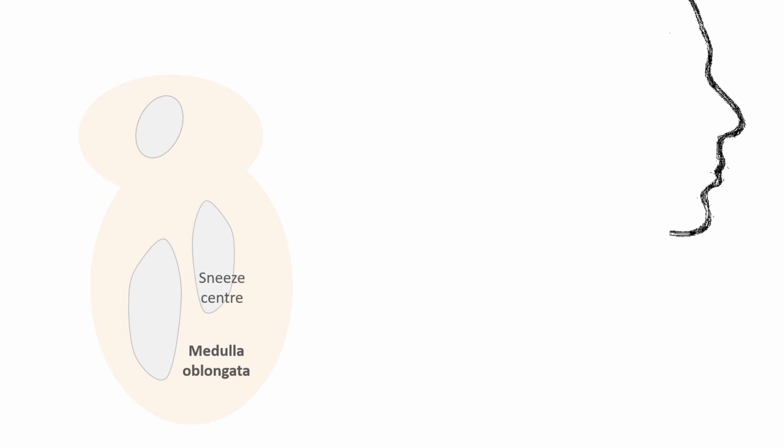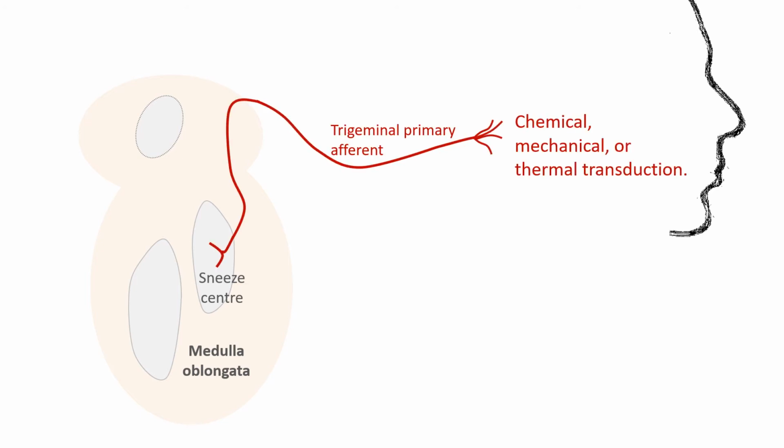So I promised you a diagram. Here we go. So we have transduction, sneeze transduction in this case. We have chemical, mechanical, or thermal transduction of the trigeminal primary afferent that innervates the nose and the anterior nasopharynx.